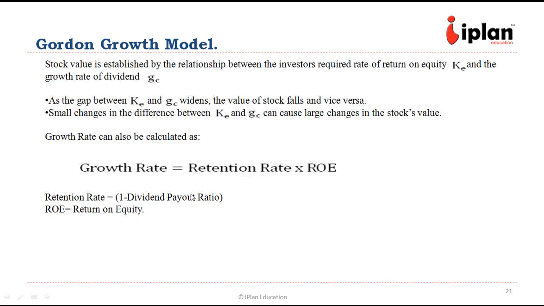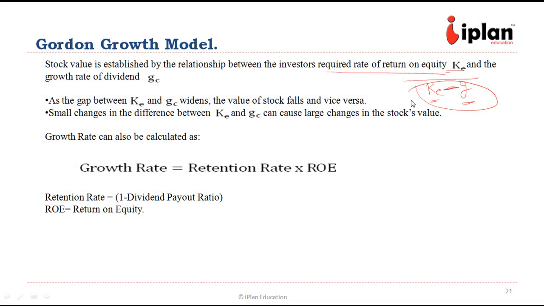So we have already seen in the Gordon growth model that in the denominator we have Ke minus g, or r minus g, where Ke is the required rate of return on equity and g is dividend growth rate. So smaller is the denominator, higher is the value. So the closer these values are going to be to each other, the higher is the value of the stock.